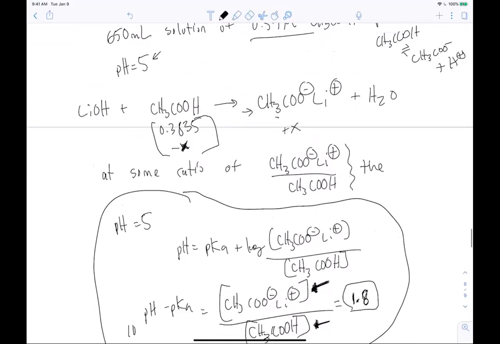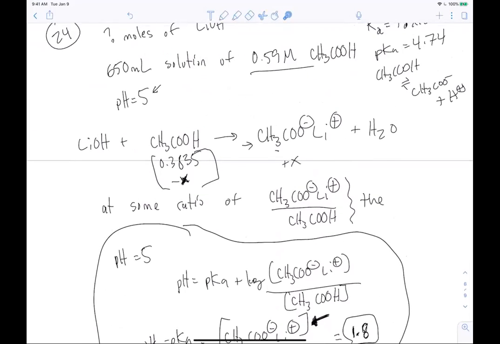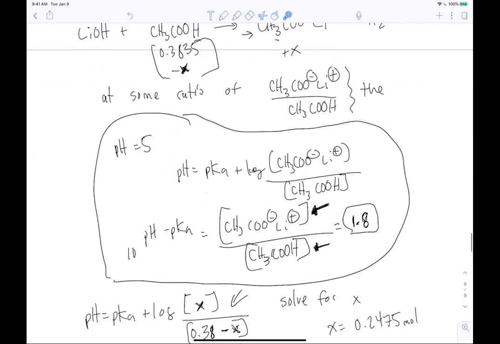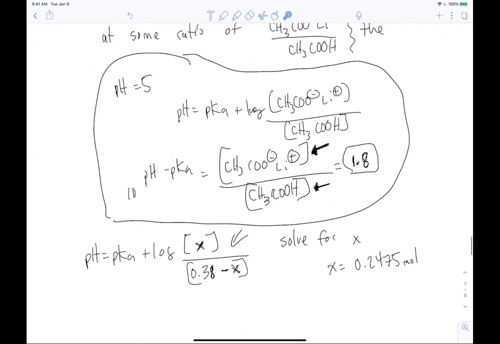We started out with 650 milliliters of 0.59 molar acetic acid, and we calculated that means we start out with 0.3835 moles of acetic acid. We can work with moles here for the reasons that we talked about, where the volumes cancel out. So we set up a new equation.